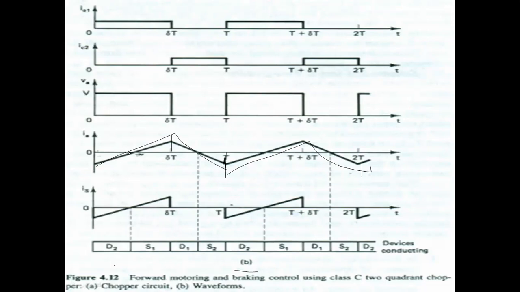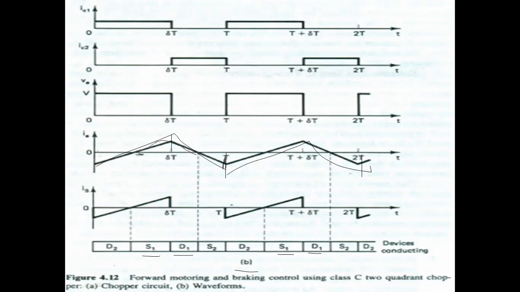When IA becomes greater than the magnitude of the ripple, IA will always be positive. Now only S1 and D1 will be conducting here.